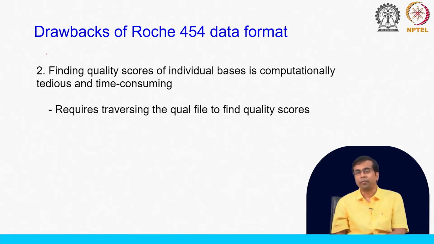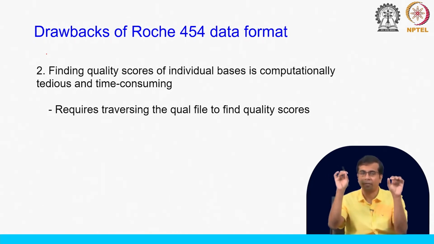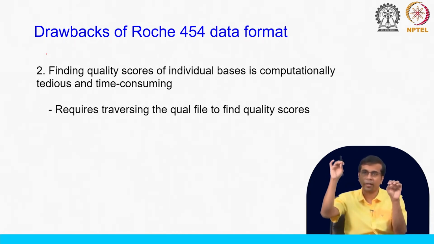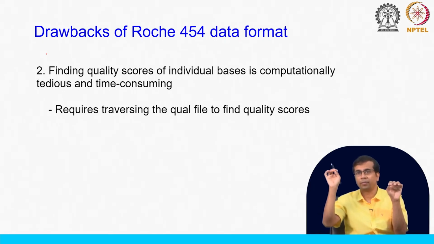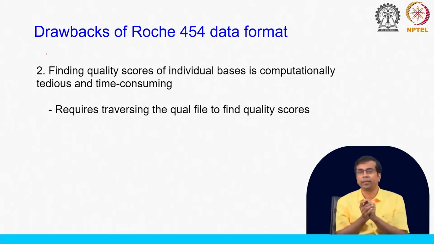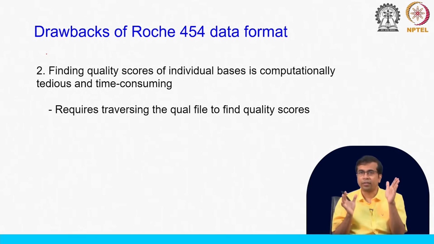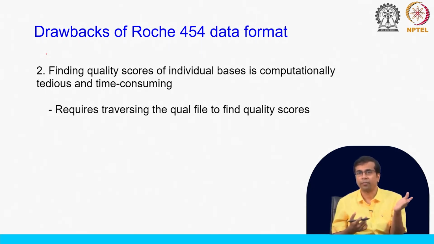The second problem is that finding quality scores of individual bases is computationally time consuming. Why? In this case, you have read 1 and you have the quality score. You can write a program that says, okay, find read 1 and look at the quality score of these bases. This is okay for maybe the first few reads, or the first 100 to 100,000 bases.